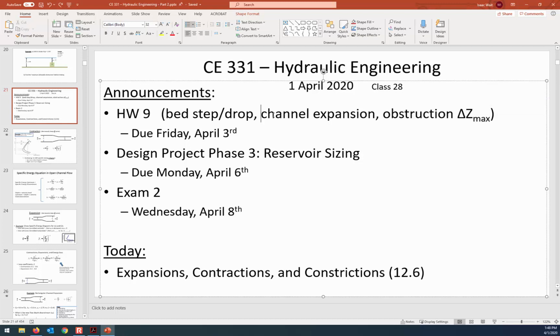And then today we did a channel expansion type problem. All three of those are the kinds of problems where you're setting the specific energy upstream equal to the specific energy downstream, and solving for either an unknown depth or the obstruction that can be tolerated.